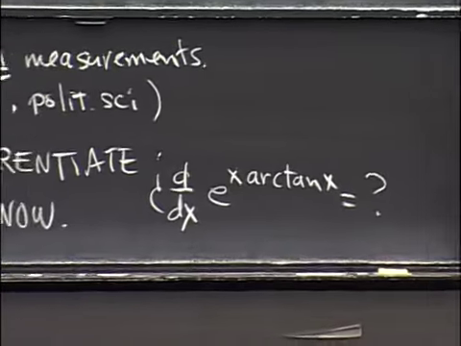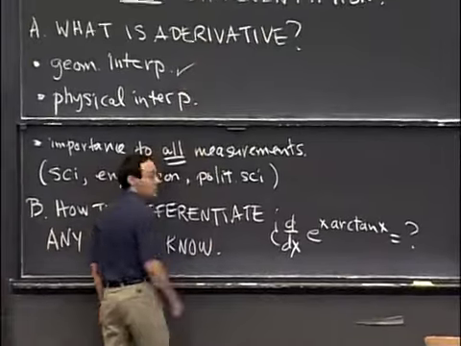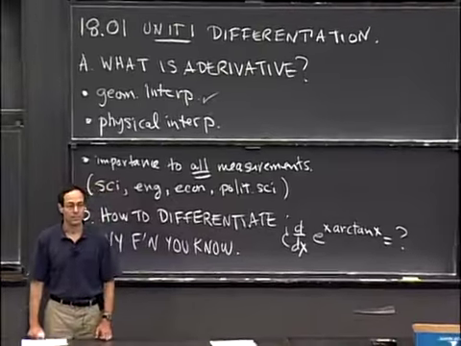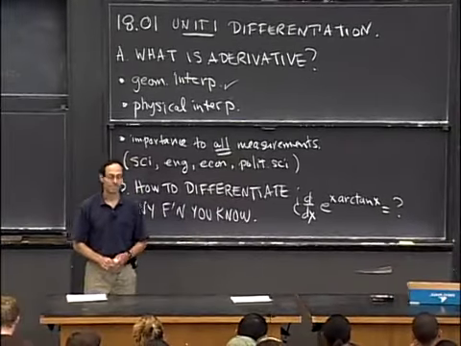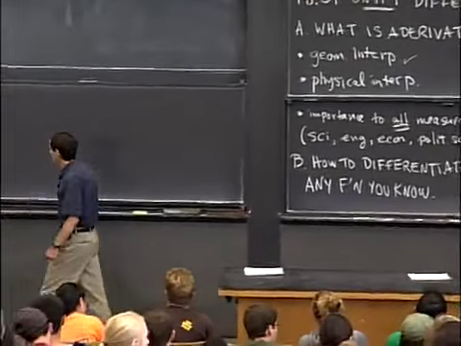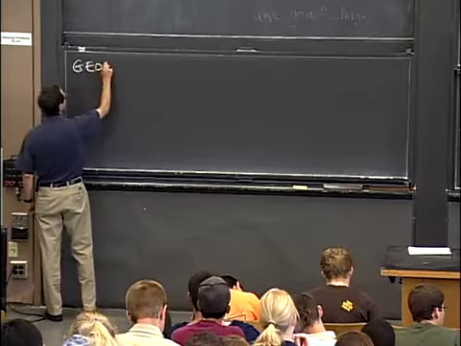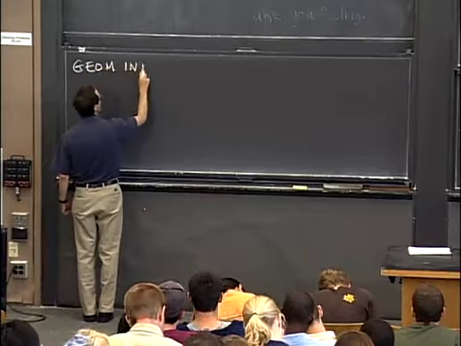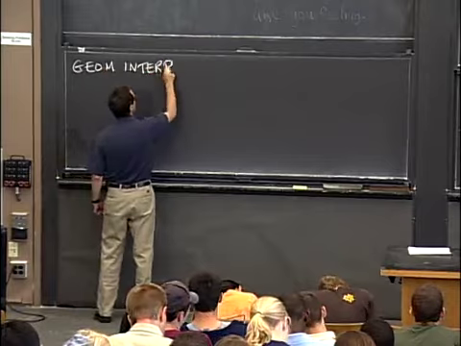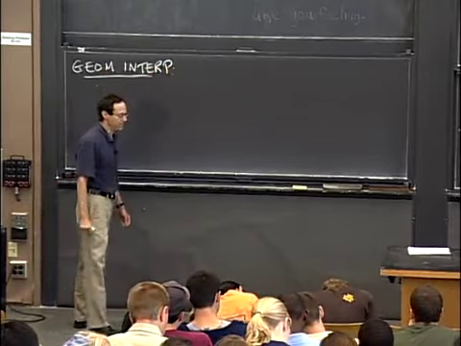And today, as I said, we're going to spend most of our time on this geometric interpretation. So let's begin with that. So here we go with the geometric interpretation of derivatives.